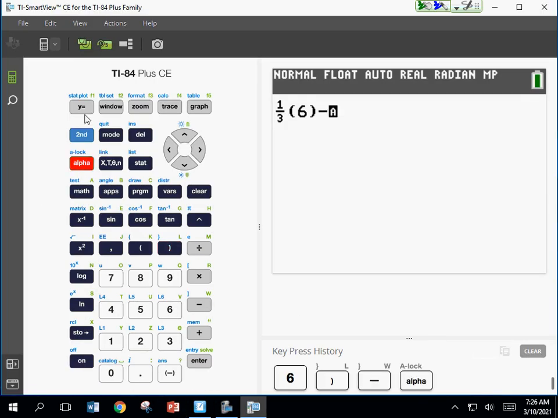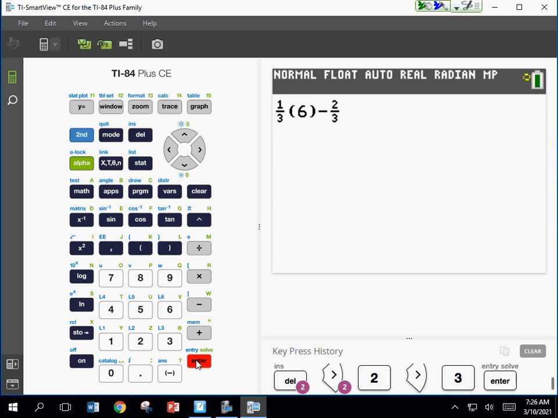So minus alpha y equals 2 over 3. It should equal 4.